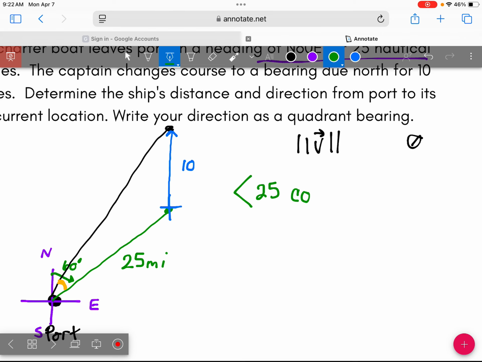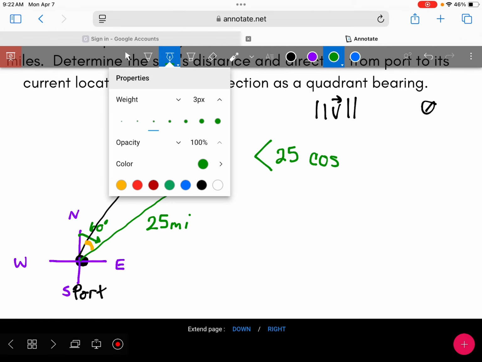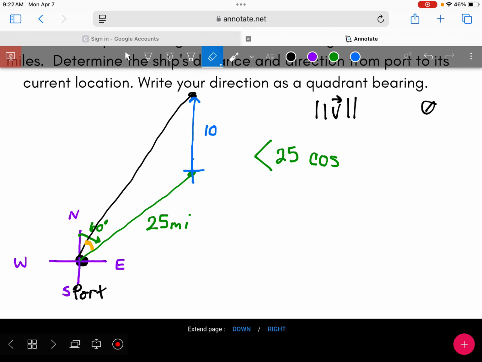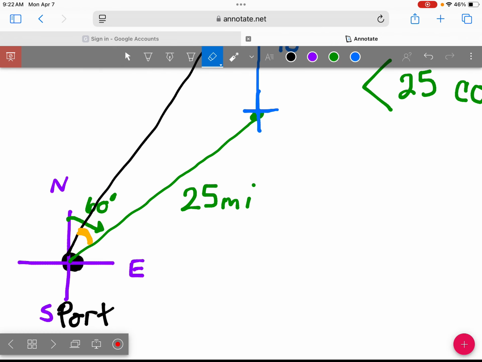What angle are we going to use? 30. Why 30? How are we sure that's a 30-degree angle though? Because it's not that one, it's the other one. Oh, 30. Right.